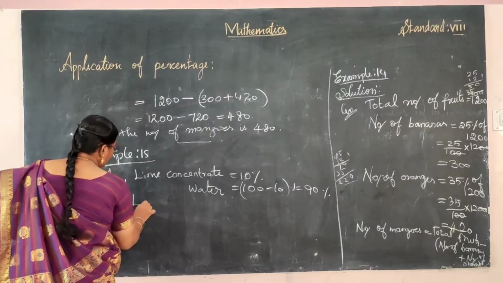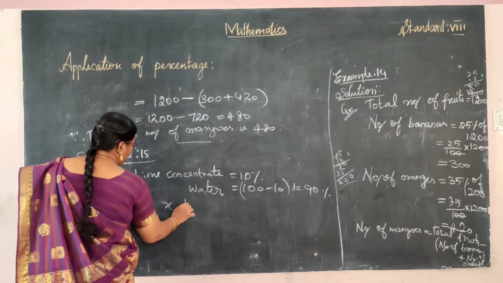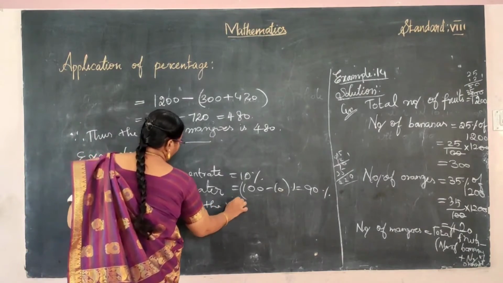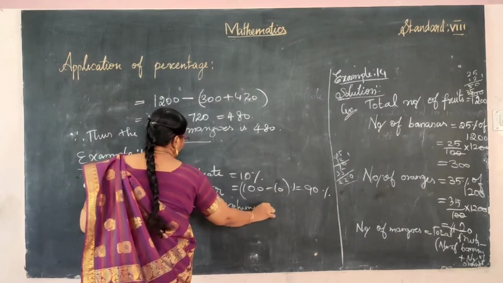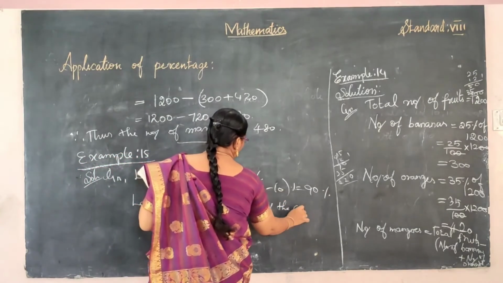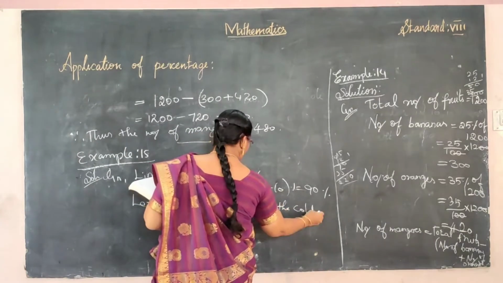So let X be the volume of the cold drink.